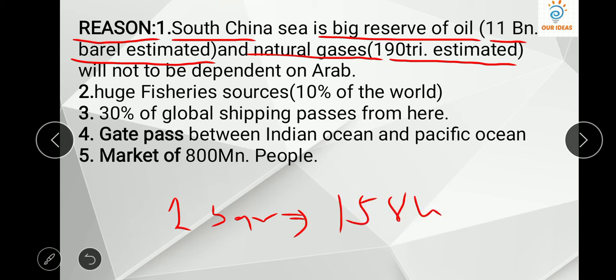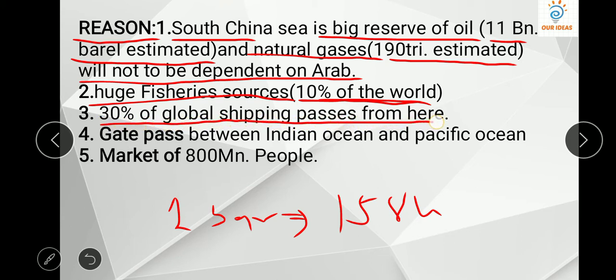If China can attain this, then it will not be dependent on Arab and Gulf countries. There are also huge fishery resources in the South China Sea, 10% of the world's, and 30% of global shipping passes through here. So it is a major route for sea trade, and if China can occupy this area, it gets revenue from the ships.